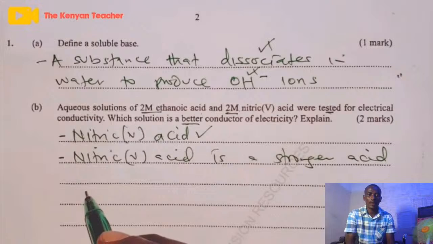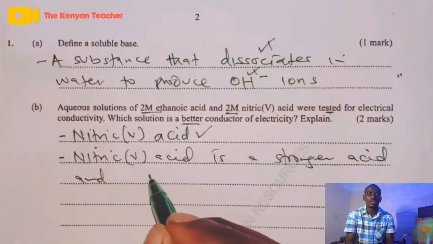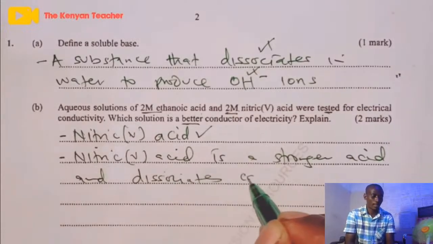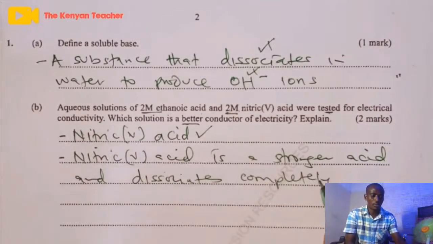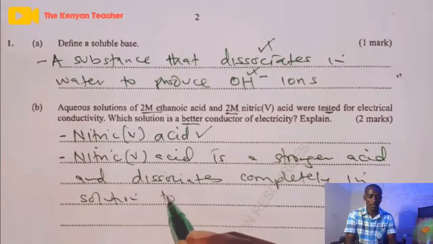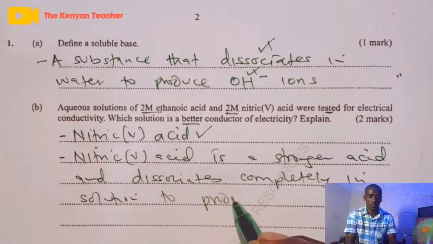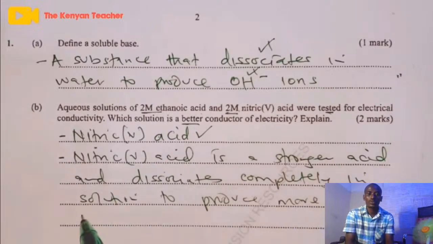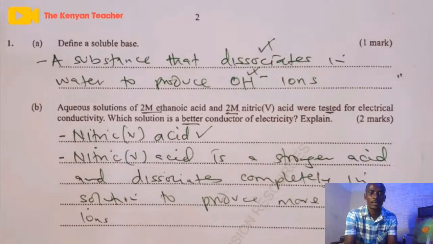Because it is a strong acid, it dissociates in water and gives out ions. As you continue adding water, you will see how it dissociates and gives out those ions.